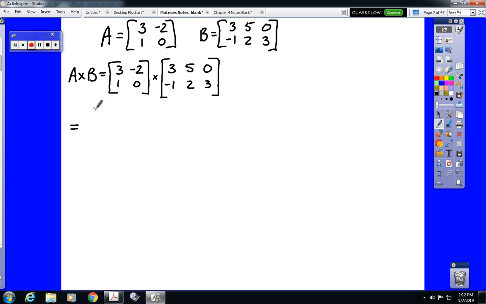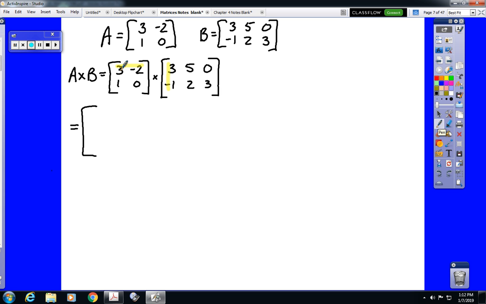So what we're going to do is use the rows from the first matrix, row 1 and row 2, to multiply the columns of the second matrix, column 1, column 2, column 3. So we start off working with row 1 of matrix A, which is 3 and negative 2, and we're going to multiply the first column of matrix B. Now when I say multiply, that's really more of a sum of different products.